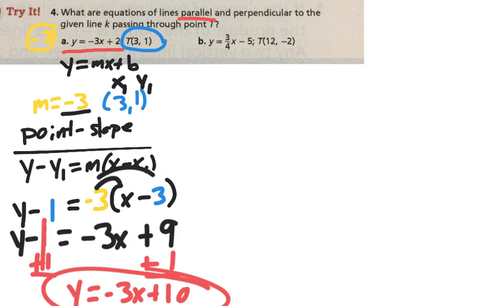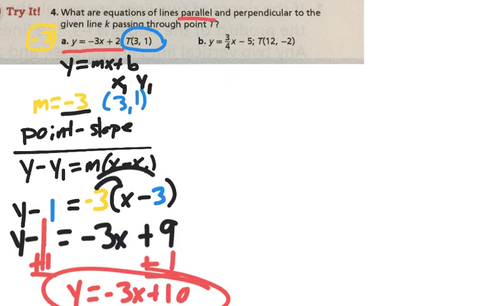So I'm going to let you guys try the second part of A. Second part of A is now write an equation of a line that is perpendicular to this line. So what did we learn yesterday about perpendicular lines? They're the opposite reciprocal. They have opposite reciprocal slopes. So that means the slope of my line needs to be what?